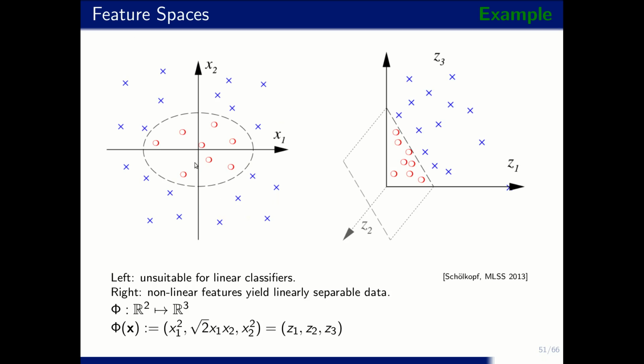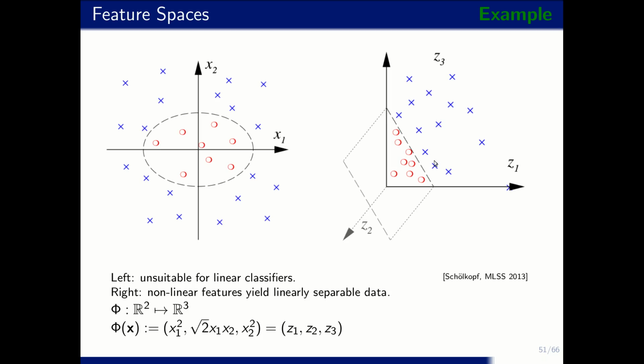But if we transform this feature space into a higher dimensional feature space using this nonlinear transformation phi, which essentially just takes x1 squared, x1 times x2 with a cosmetic factor here, and x2 squared, so just taking polynomials of degree 2 and yielding a three-dimensional space where we call the coordinates z1, z2, z3, we get this space, and all of a sudden the problem becomes linearly separable.